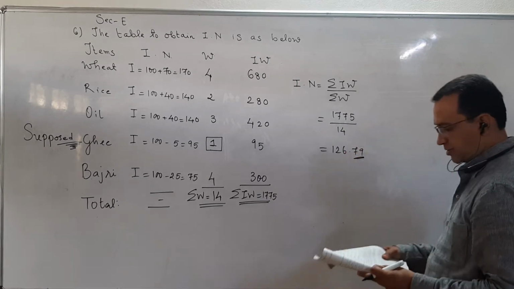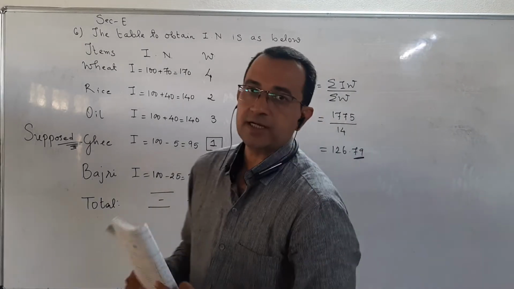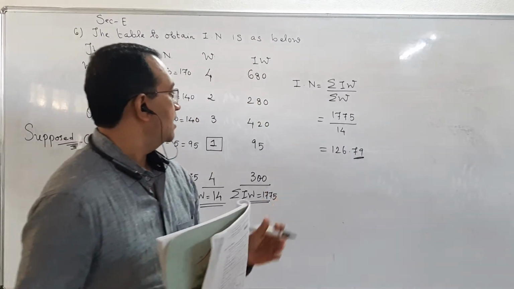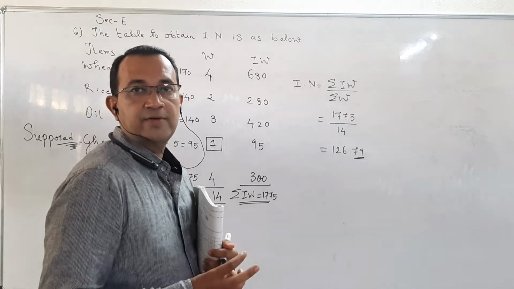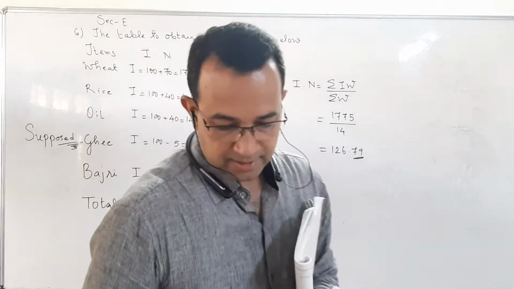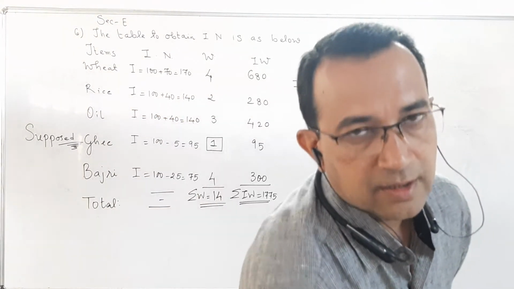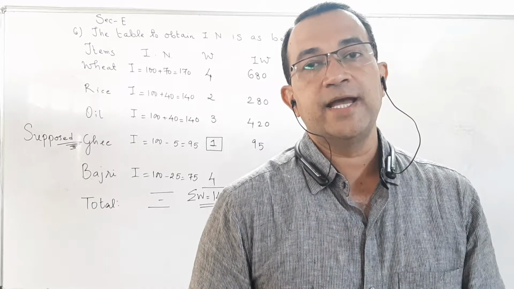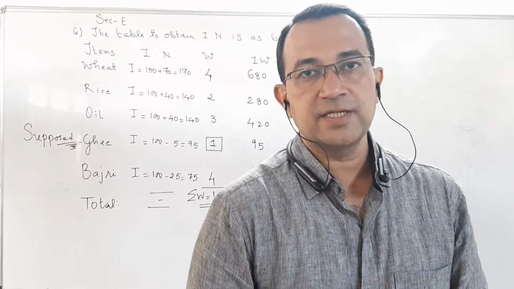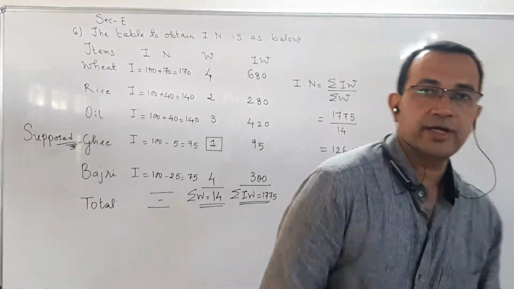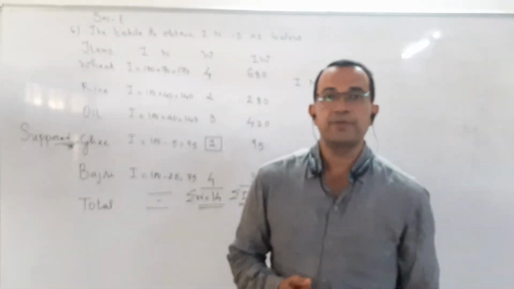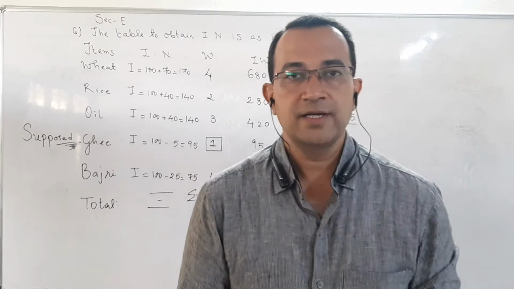126.79. What is interpretation? Then I can say in the current year compared to the base year, 126.79 minus 100, so 26.79%. There is a rise or increase in the index number, or prices in the current year have risen by approximately 26.8% compared to that of base year.